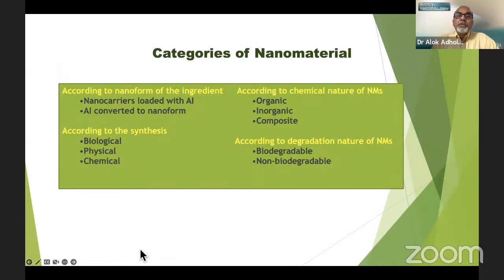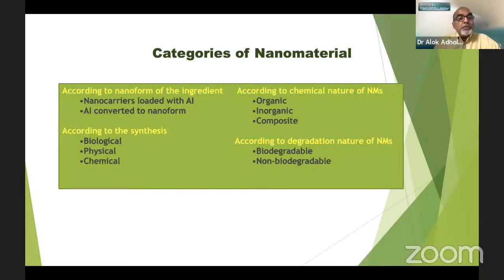So there are a number of different categories of nanomaterials that we know: the nano carriers with the active ingredients, the active ingredient converted to nanoforms, and then there are organic, inorganic, and composite nanoforms. While we look at the regulation, we look at all of those materials which are expected to come to the table of the user.